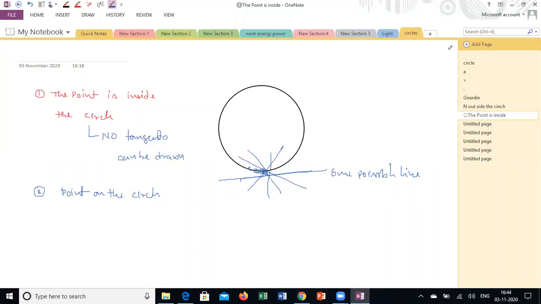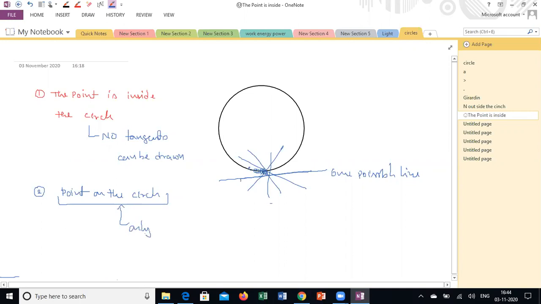If a line is touching the circle at two different points, that is called a secant. If it is touching at only one point, that is called a tangent. So for a point on the circle, how many tangents? Only one tangent.